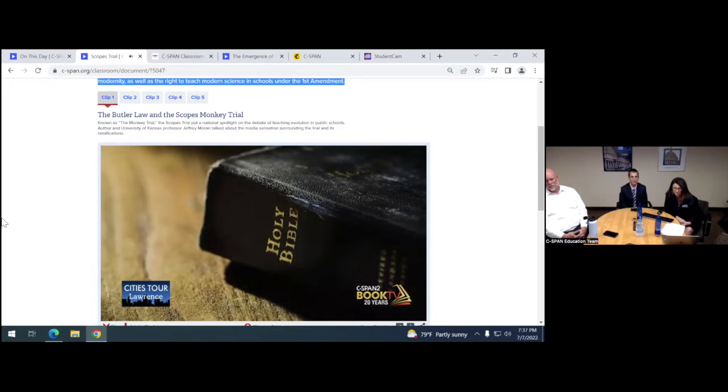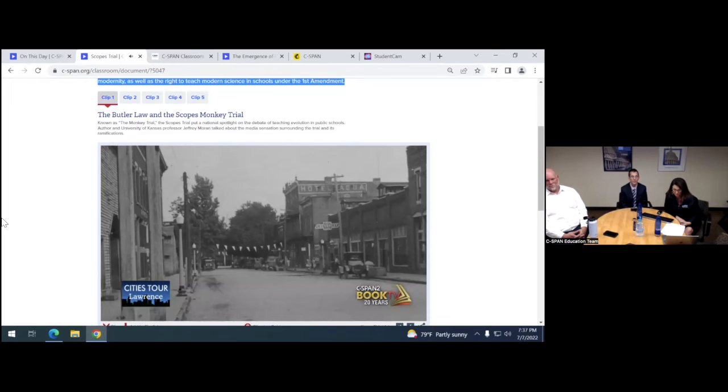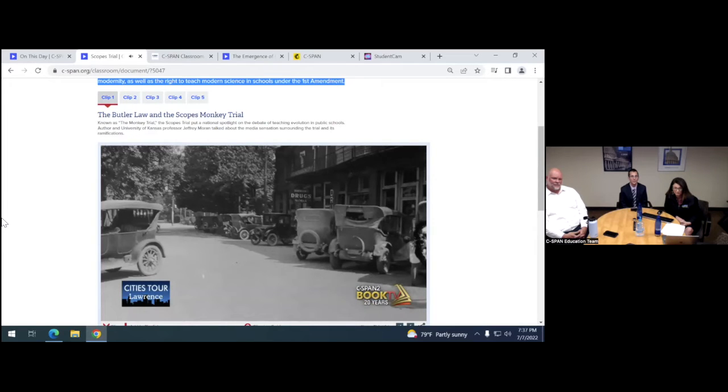Well, the Scopes trial took place in Dayton, Tennessee, which is a small town, still pretty hard to reach in Tennessee.